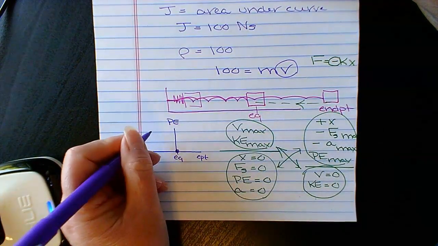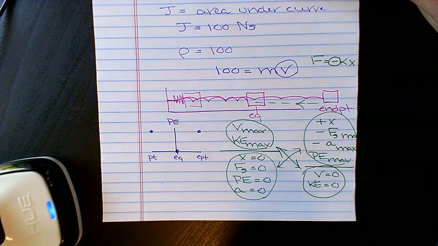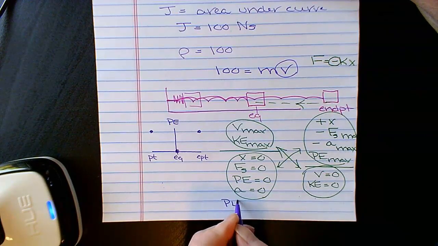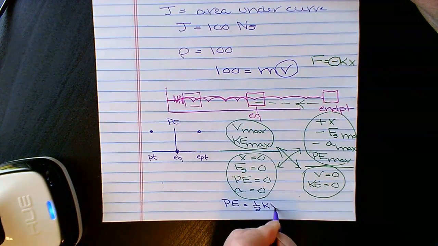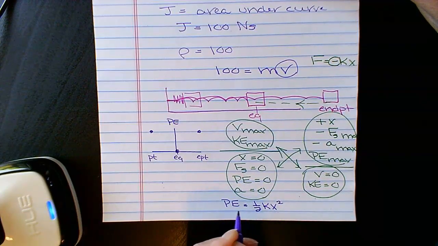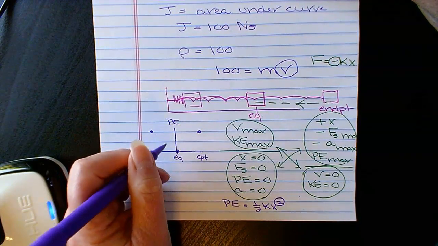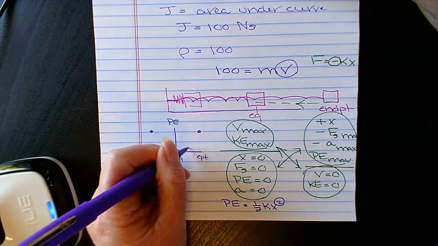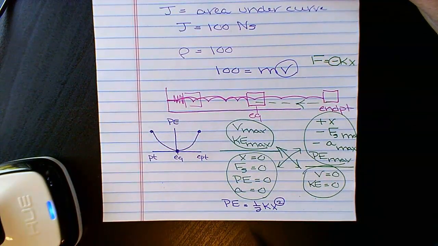So let's put a dot up here at the max and a dot here at the max. I just want to remind you that the equation for potential energy is 1/2 kx squared, where k is the spring constant. And I have this x squared, so I don't just connect this, but it's a parabola, x squared.